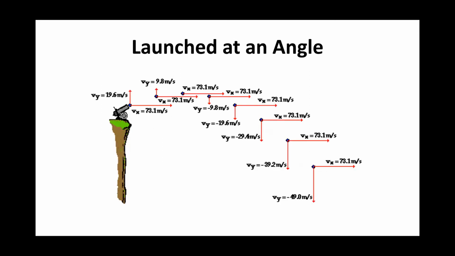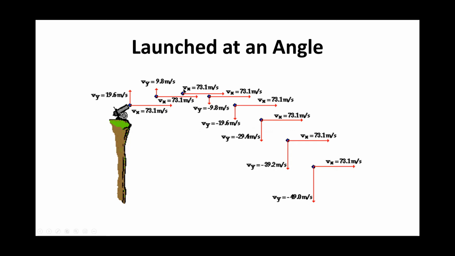Let's look at another visual where this one just sort of takes off the actual velocity and only shows the components. And so in this case, we can see horizontally, if it had a 73.1 meters per second horizontal velocity, that would stay the same throughout the flight. But its vertical velocity, if it started at 19.6 in the upward direction, after 1 second, it would cut to 9.8.